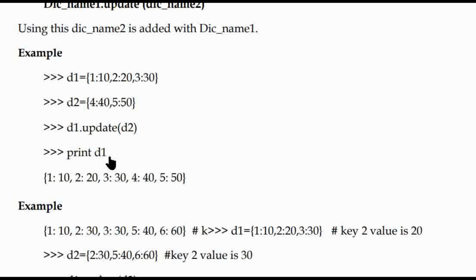Print D1: 1 10, 2 20, 3 30, 4 40, 5 50. D1 is updated by D2. So both the elements of dictionary 1 and dictionary 2 are now merged.